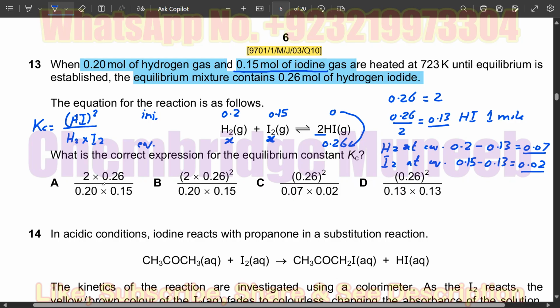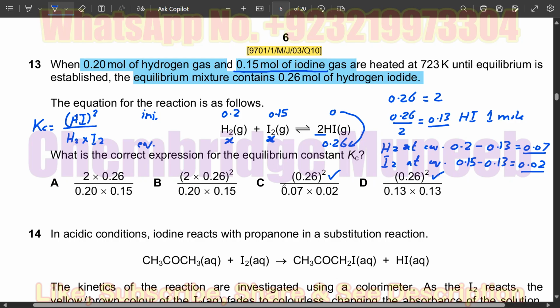So hydrogen iodide is present as 0.26 at equilibrium, so it is 0.26 in the numerator with square, and in the denominator we have to check the values of the hydrogen and the iodine.